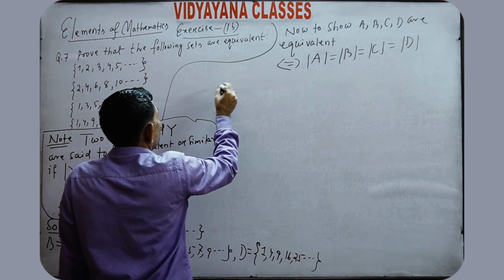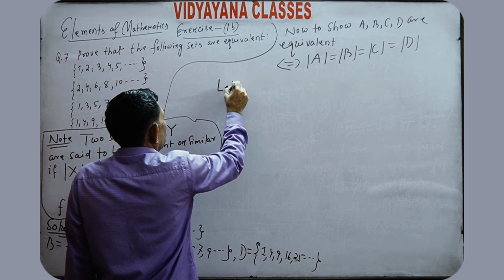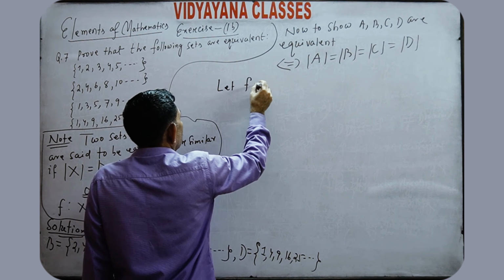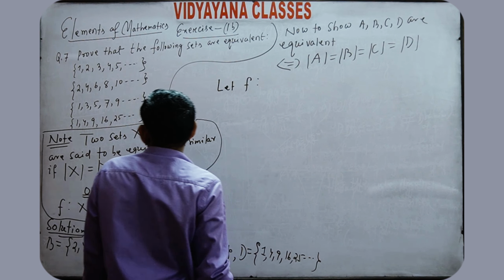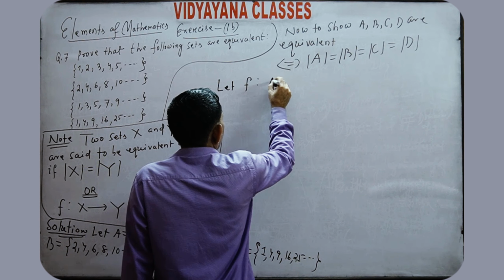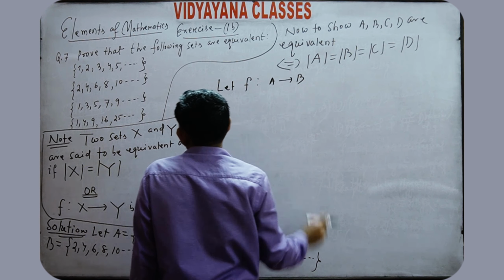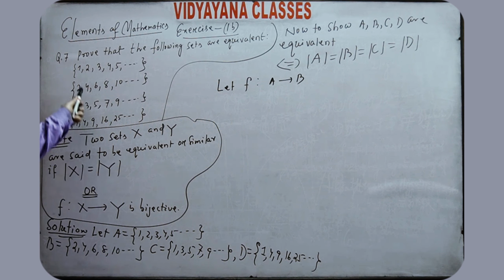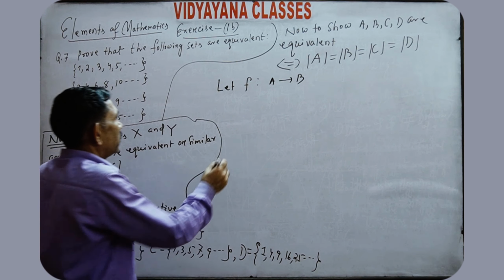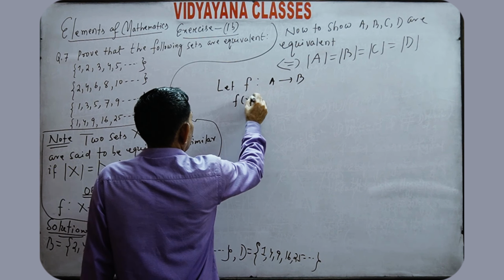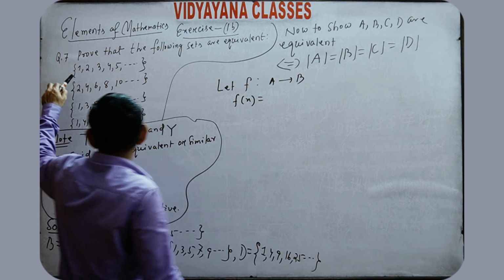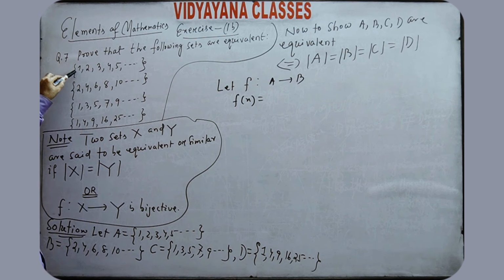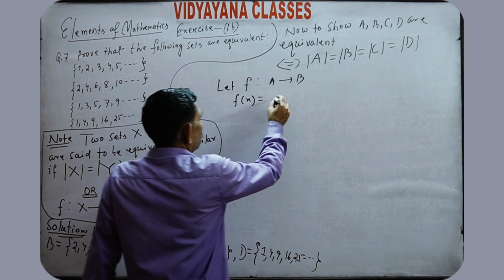Let f be the function from A to B. f(x) is equal to whatever function. 2 times 1 is equal to 2. 2 times 2 is equal to 4. 2 times 3 is equal to 6. So f(x) is equal to 2x.